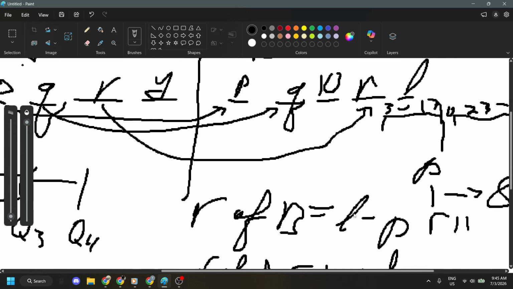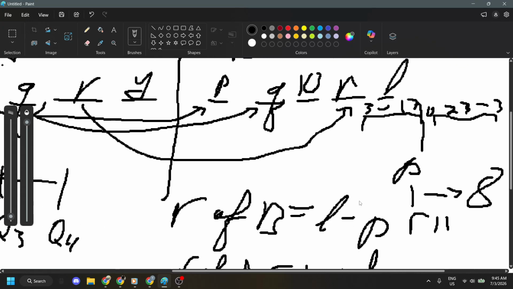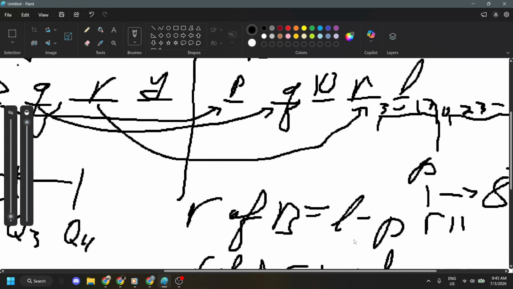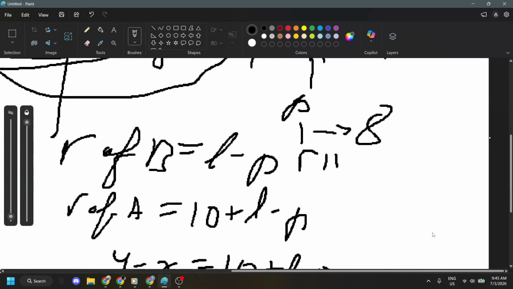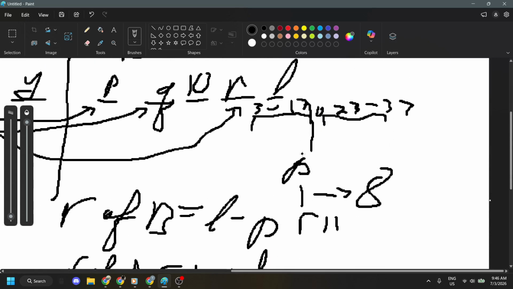So when P is 1, the range of this one is, man.